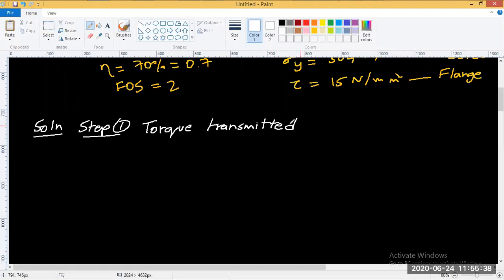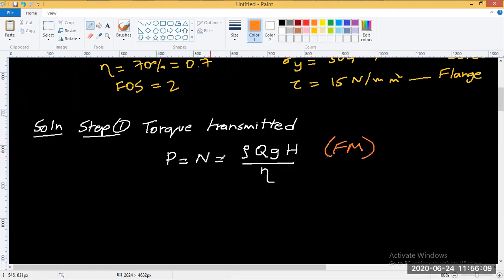So to find the torque transmitted, we don't have the power. So to find power, let's say P is equal to, also sometimes denoted as N, rho Q g H by efficiency. This is not in the data handbook, and this is taken from fluid mechanics.